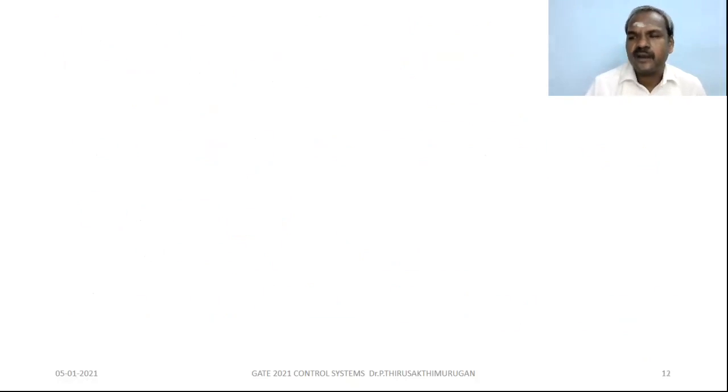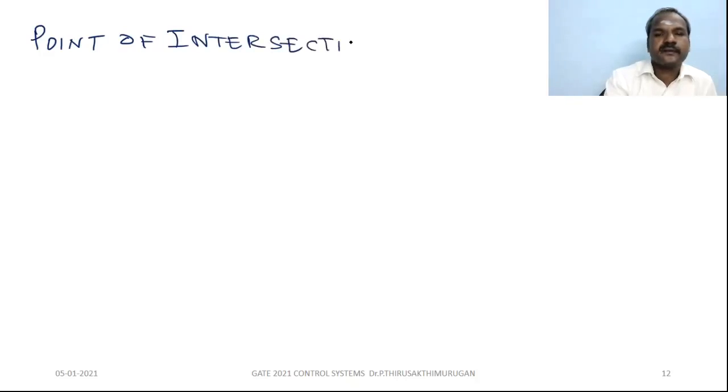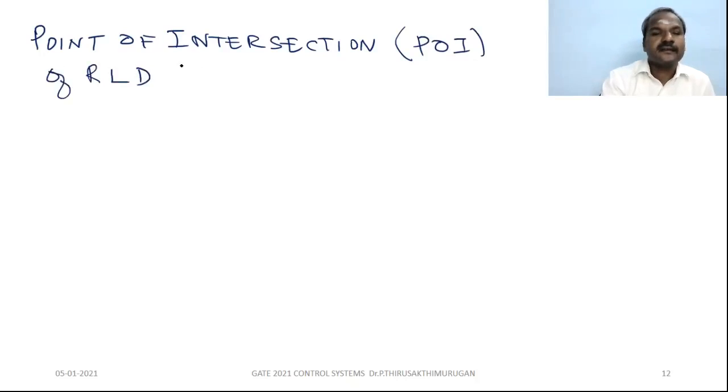Next is the point of intersection (POI) of the RLD with respect to the imaginary axis.